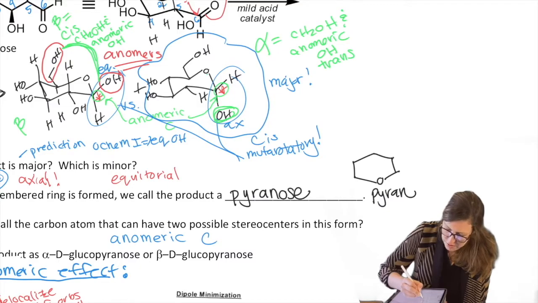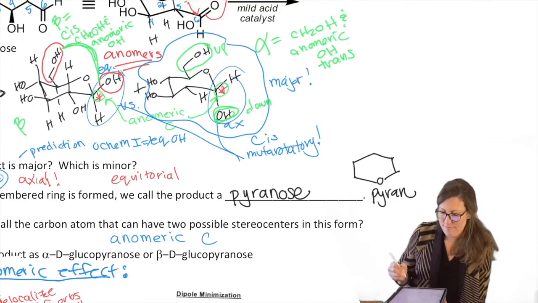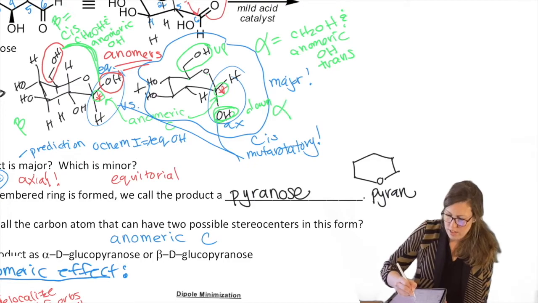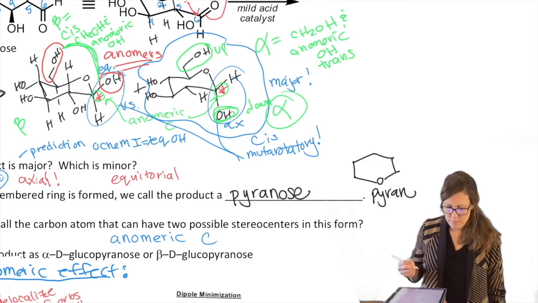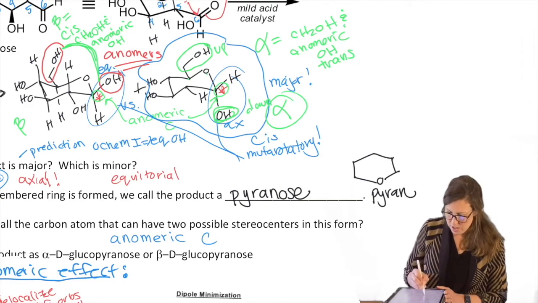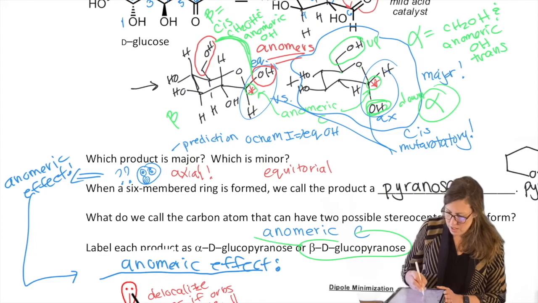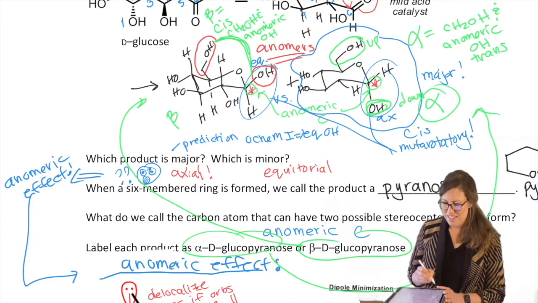There's my oxygen in the ring. On the other side, I have my CH2OH. This is up. This is down. Trans. Therefore, alpha. Okay, so beta, that answers our question. Beta D-glucopyranose is here. Alpha D-glucopyranose is there.